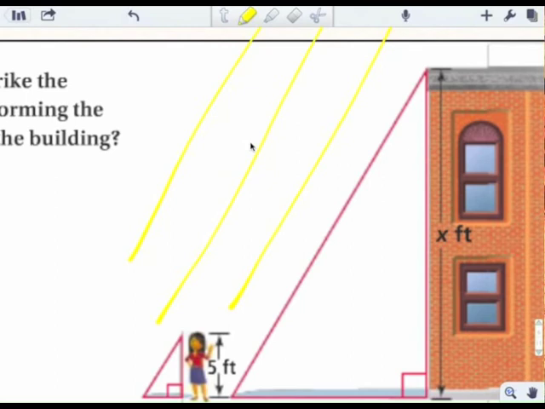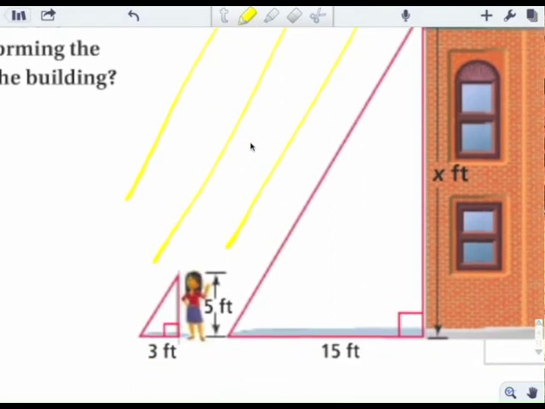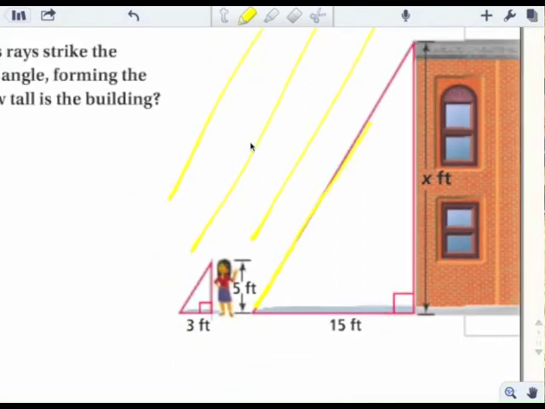Now, because the rays are parallel, this means that these triangles, which are formed by the object casting the shadow and the shadows on the ground, these shapes are all similar to each other. Now think back to what I meant by similar in the last problem. By similar, I mean the ratios of the pairs of sides in each shape are equal.